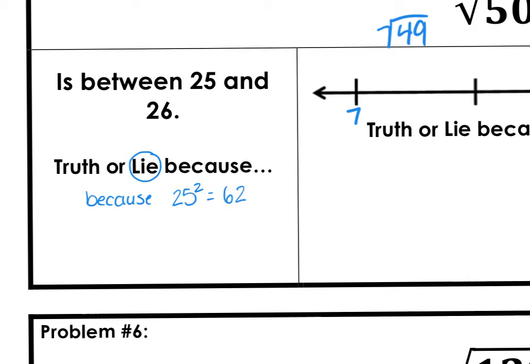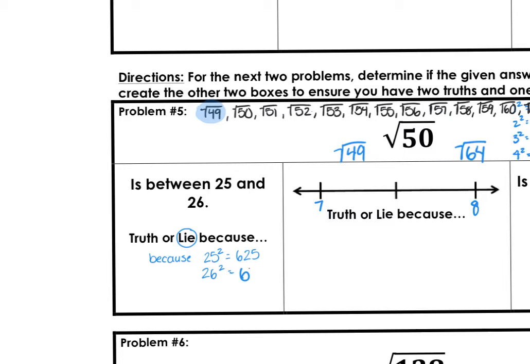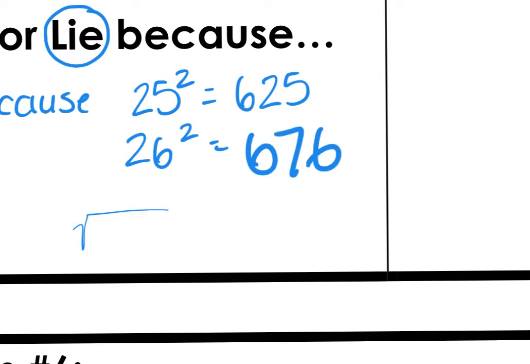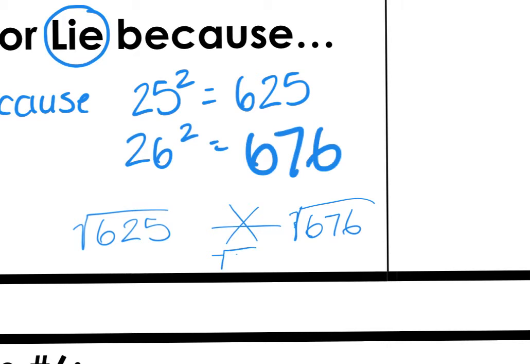It's 625, and then 26 times 26 would be 676, which would then mean that the square root of 50 is between the square root of 625 and the square root of 676, which is not true because the square root of 50 doesn't flow in that order.